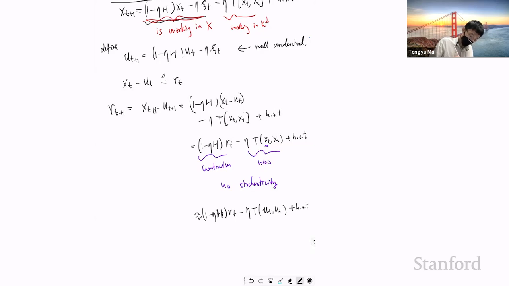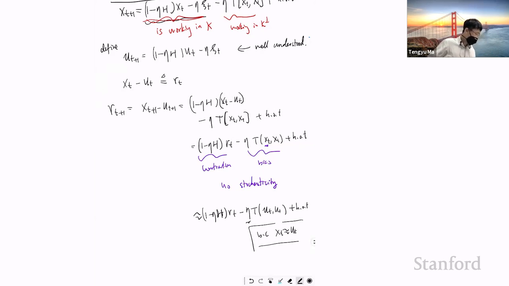This is just because x_t and u_t are somewhat similar. Of course you want to understand the exact difference, but for this level, especially because you are multiplying by eta here, the further differences become higher order terms you can drop.